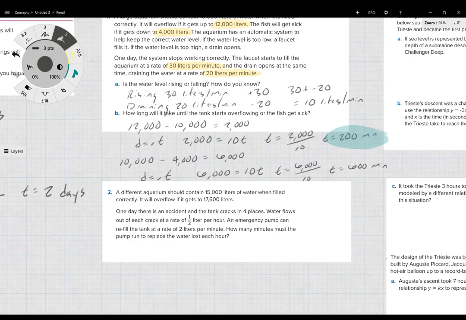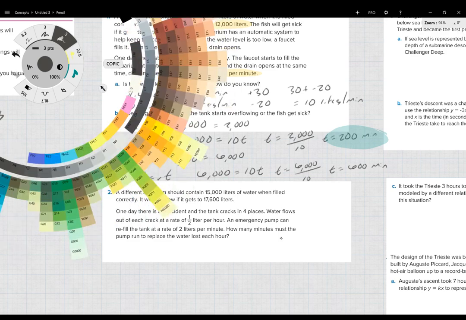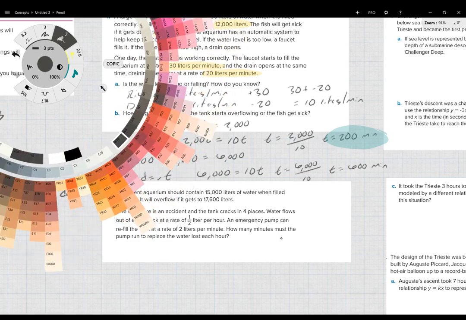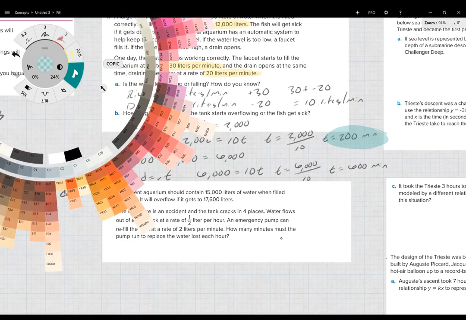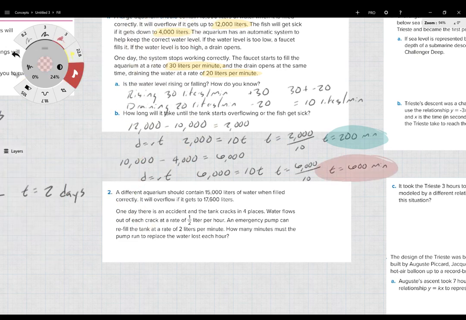All right, so it should take the aquarium 600 minutes to drain, which makes sense. It should take longer to drain because it's still filling up. All right, so we just did division of two numbers, and we used the same rate because it's still filling up 10 liters a minute.